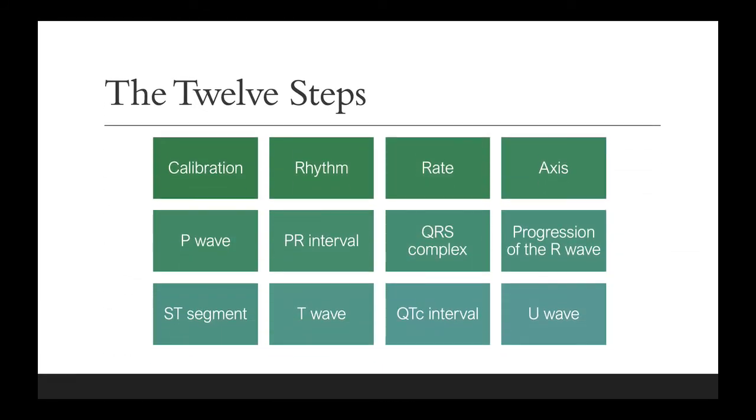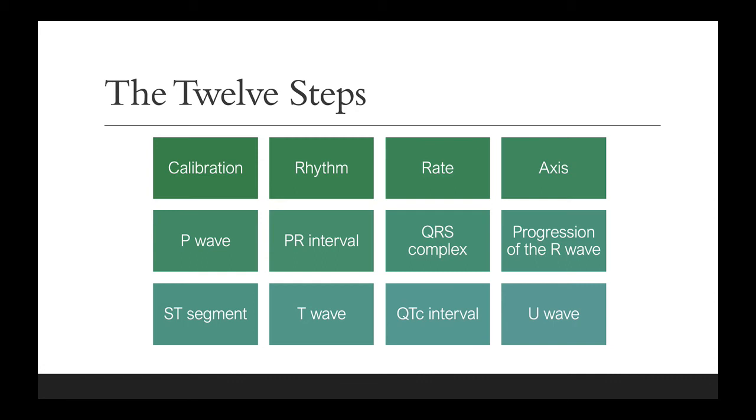So having seen the common patterns of bradycardia in an ECG, how do we approach an ECG with bradycardia in it? You're given an ECG which shows bradycardia. How would we approach it? As always, as with any ECG, we follow the 12 steps: calibration, rhythm, rate, axis, P wave, PR interval, QRS complex, progression of the R wave, ST segment, T wave, QTc interval, and U wave.